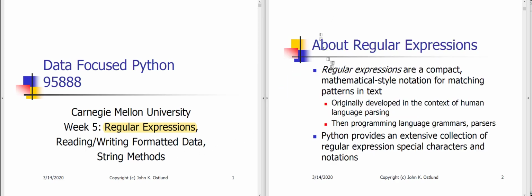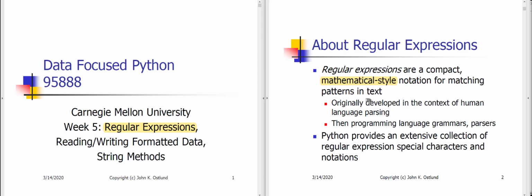Okay, so regular expressions is sort of a mathematical style notation for describing patterns in text. Now it's not mathematical in the sense of using a bunch of numbers and decimal points and so on, but it is mathematical in the sense of being very precise, using certain operator characters in very careful ways, having precedence rules and so on.